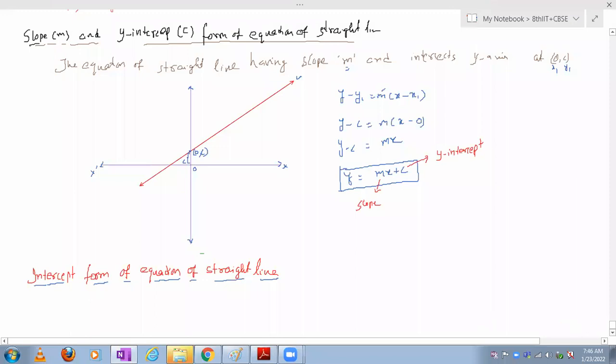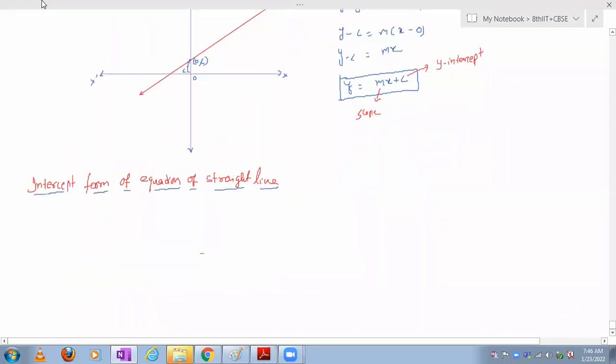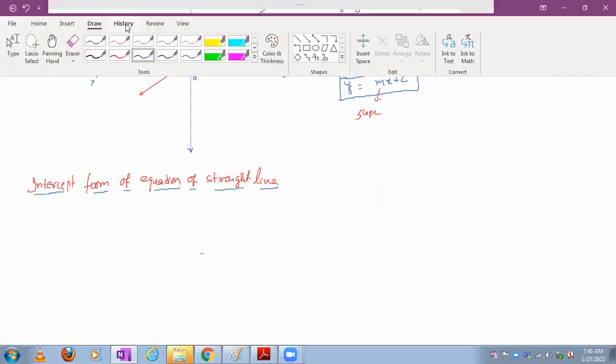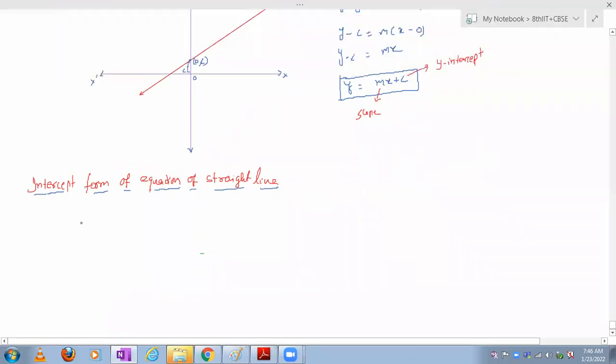Intercept form of equation of straight line means, suppose I'll just write, the equation of straight line passing through... Okay, find the equation of straight line. We are trying to find the equation of straight line here, right?